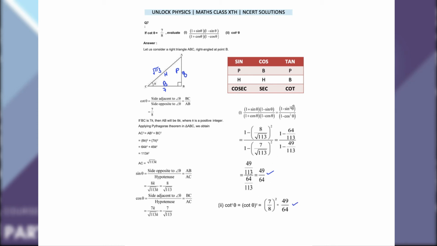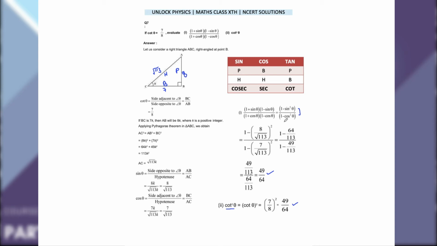Now the question is, how would you convert this into cot square theta? So it is very simple. 1 minus sine square theta. We can convert 1 into sine square theta plus cos square theta minus sine square theta. Sine square theta gets cancelled and we are left with cos square theta. Upon, we get sine square theta plus cos square theta minus cos square theta.